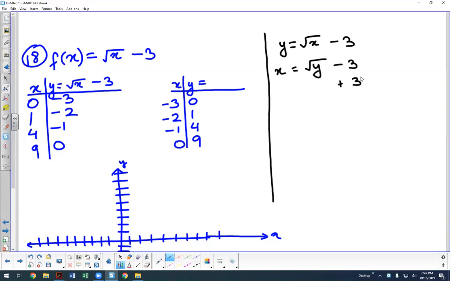Okay, so we start by adding the 3. Because you cannot do the square till you isolate your square root, right? So you actually need to add the 3 first and then take the square.